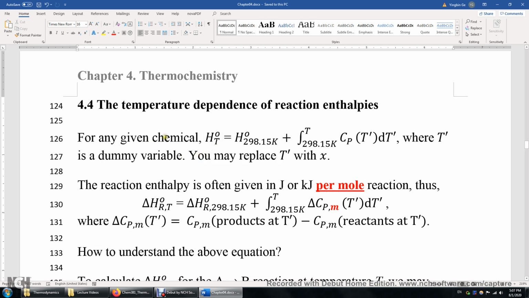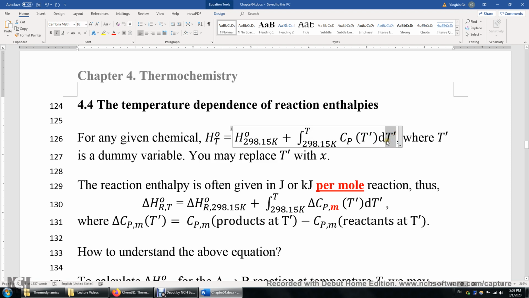Well, for any given chemical, we learned that the enthalpy at temperature T is equal to the enthalpy at room temperature plus a correction. What correction? The integral of Cp dT. This is because delta H over delta T is equal to Cp under constant pressure. Pay attention to this T prime here.